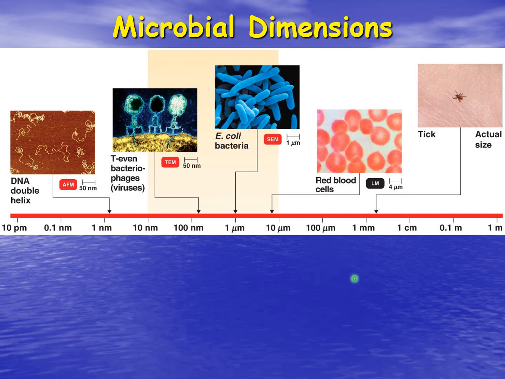So let's look at some comparison here. Here's the red blood cell. It's about 7.5 micrometers in diameter. Our tick, an adult Ixodes tick right here, is a little over 1 millimeter in diameter. So you can see there's quite the size variation from the red blood cell to even the tick. But let's look at some of our microbes. Here, E. coli is about 1 micrometer in diameter. It's about 3 micrometers long.